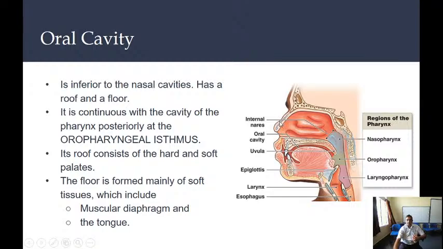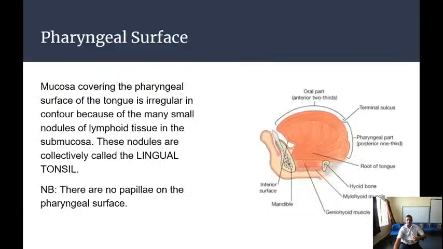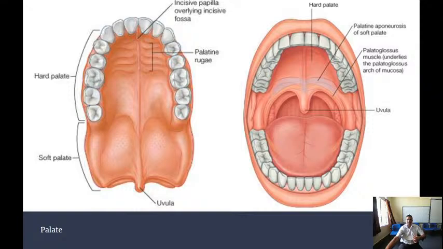And if you go posteriorly, there is this muscle called the palatoglossus muscle, which is like an arch there, from the palate to the tongue. This arch is the one which demarcates the posterior limit of the oral cavity, and behind this oral cavity is the oropharynx.